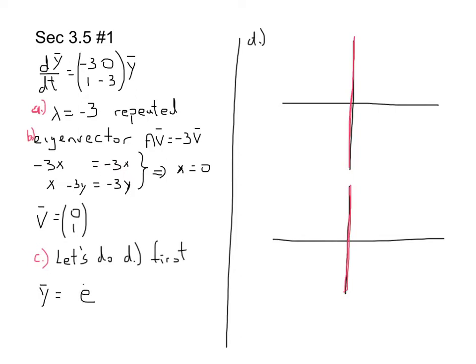E to the minus 3t, some initial condition, plus t e to the minus 3t times v1, where v1 points along the eigenvector direction, pulling out the e to the minus 3t. We have v0, wherever it is we start, plus t v1.